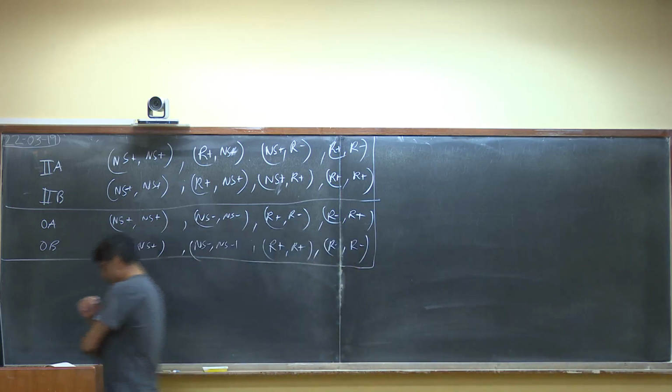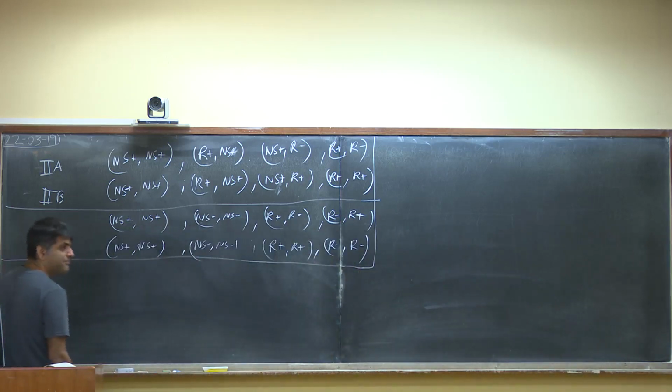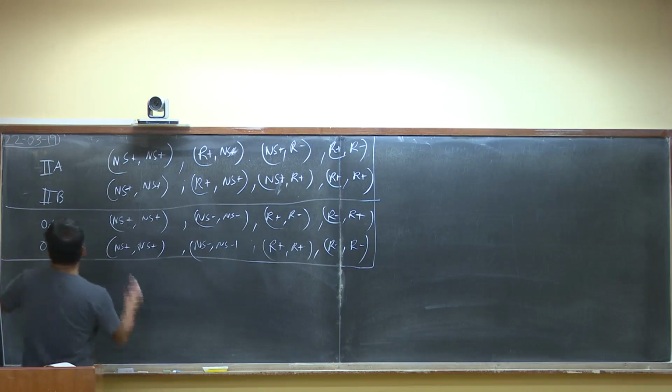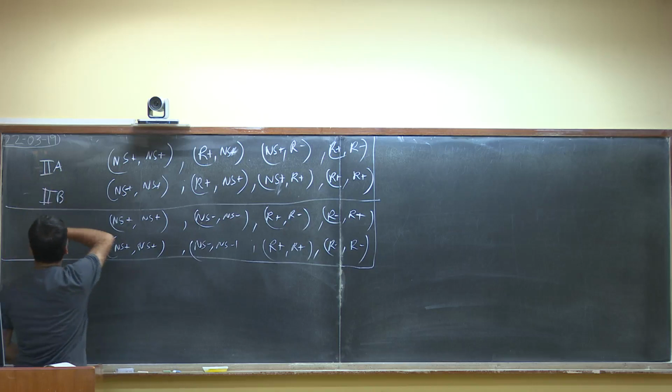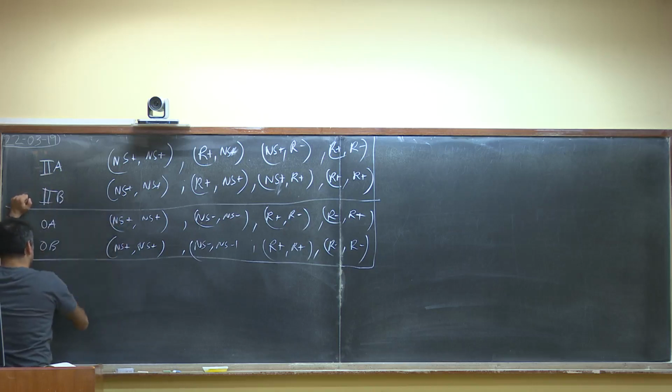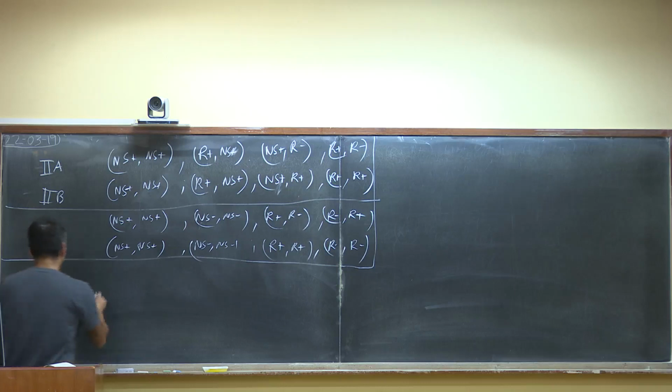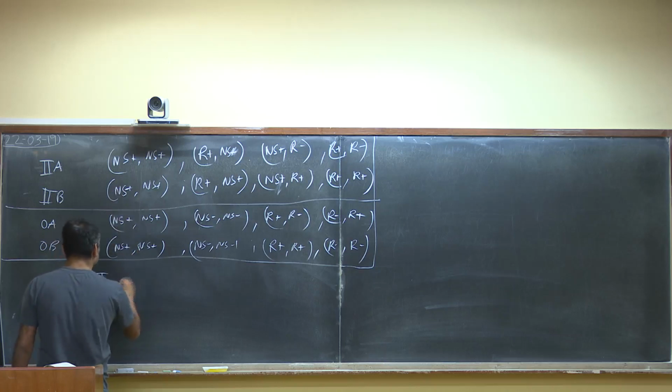So what we have is the following. Let's say for type 2A theory, let's write down the partition function. First, the partition function is going to be equal to a product of two things, and I'll write out the product. The product on the left is NS, and we'll call it plus.